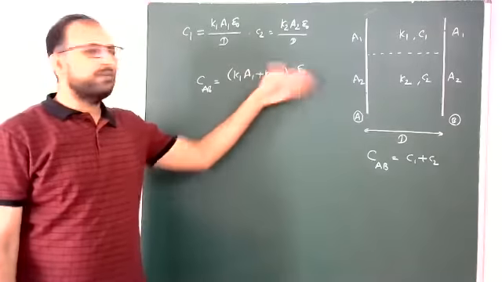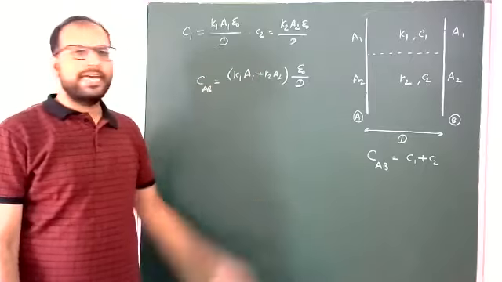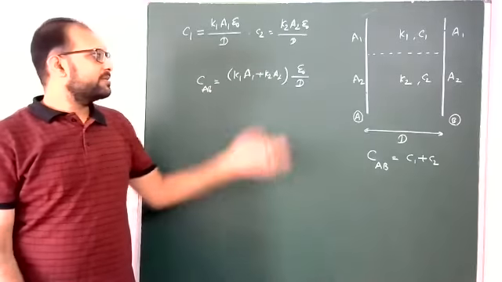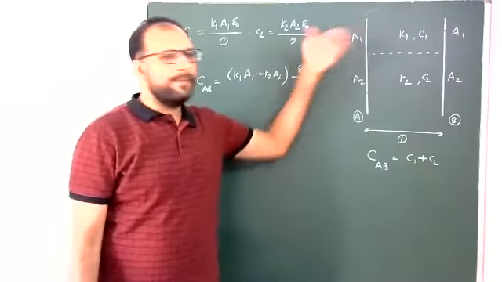You can write A by 2 outside, remaining K1 plus K2. Okay, so this is the first parallel combination.